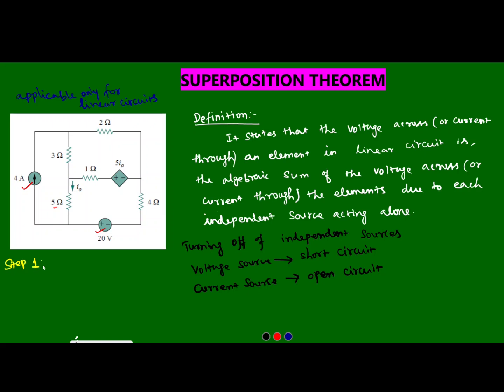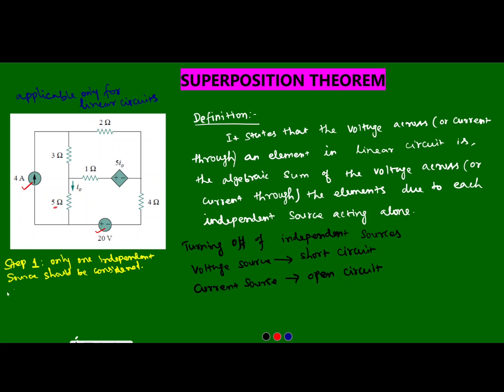Step 1: only one independent source should be considered at a time, and the rest of the sources are to be turned off. As we said earlier, a voltage source should be short circuited, and a current source should be open circuited.